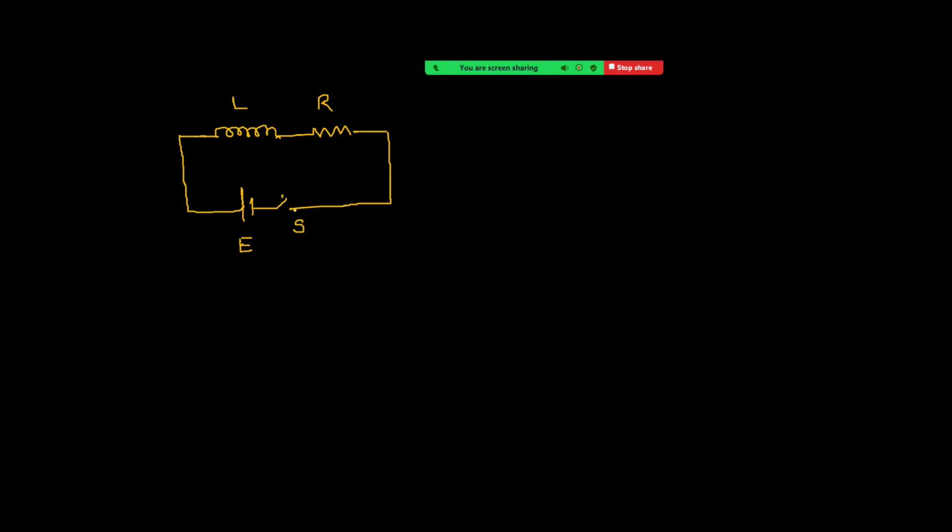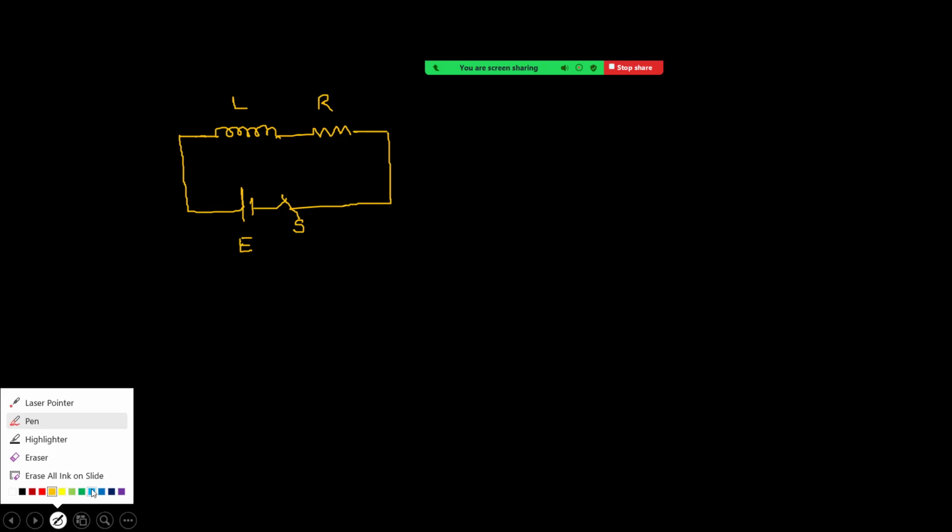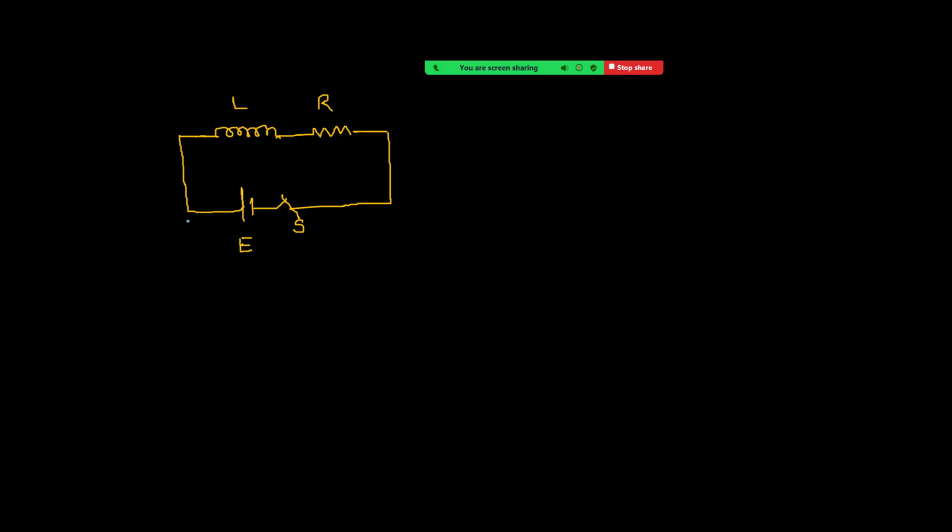So once the switch is closed, current starts increasing. You just observe carefully. If we are not having an inductor, current will increase from 0 to E by R immediately. But because of the inductor, it does not rise to E by R immediately.